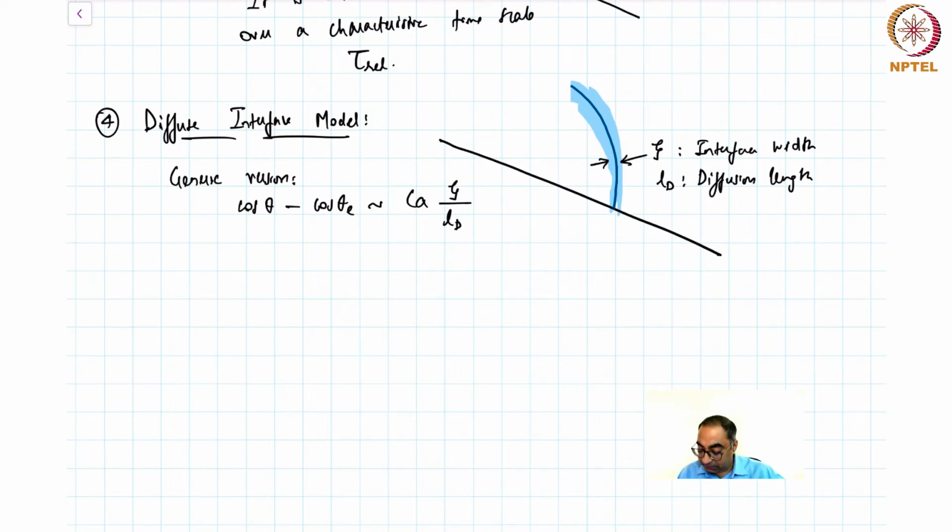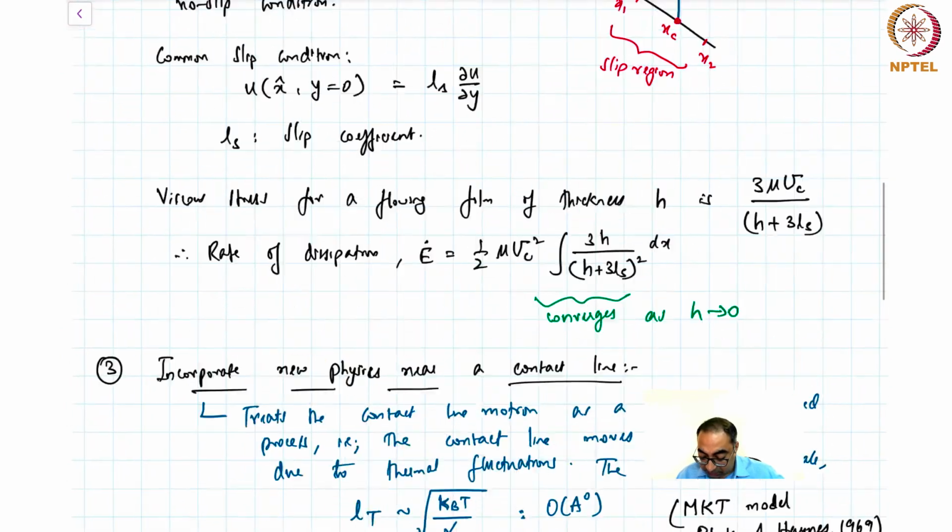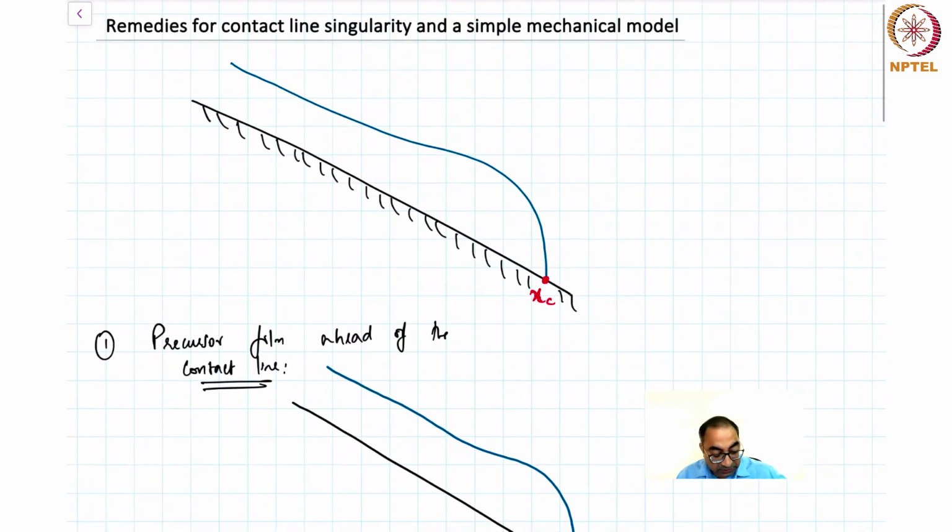So we've looked at a few of these models, and going into details of these models is certainly beyond the scope of this course. Further, one can spend an entire full course only discussing contact line models and the mathematics behind them, but that's clearly not my intention. Therefore, I will leave it at that.